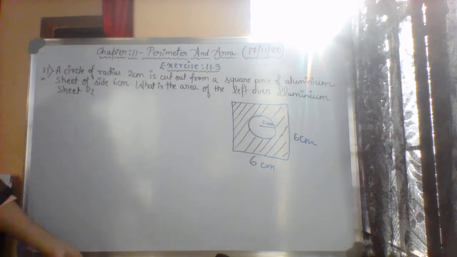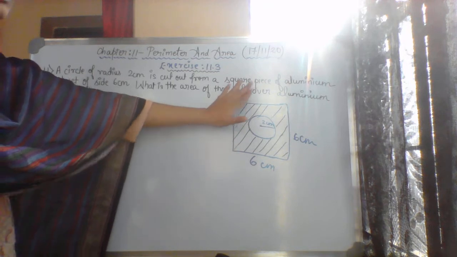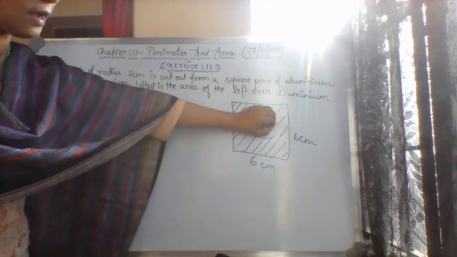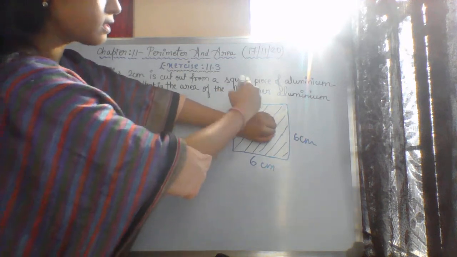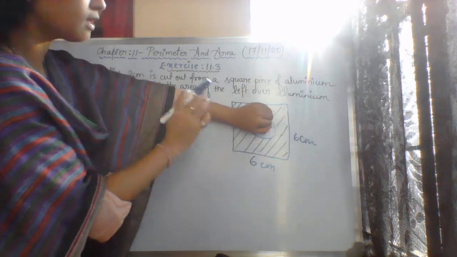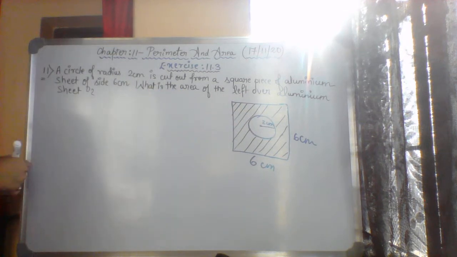So how to find out? Very simple. I know that total area minus this circle area, what is left is the shaded portion, the leftover part of the aluminium sheet. That is the concept we are going to use here.